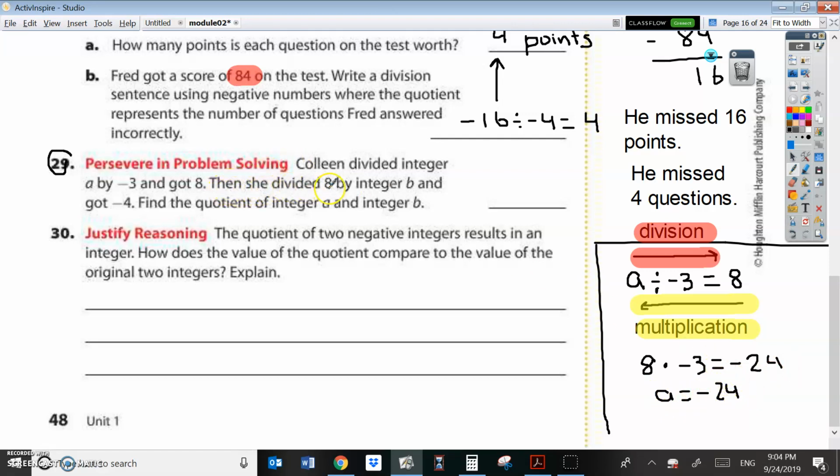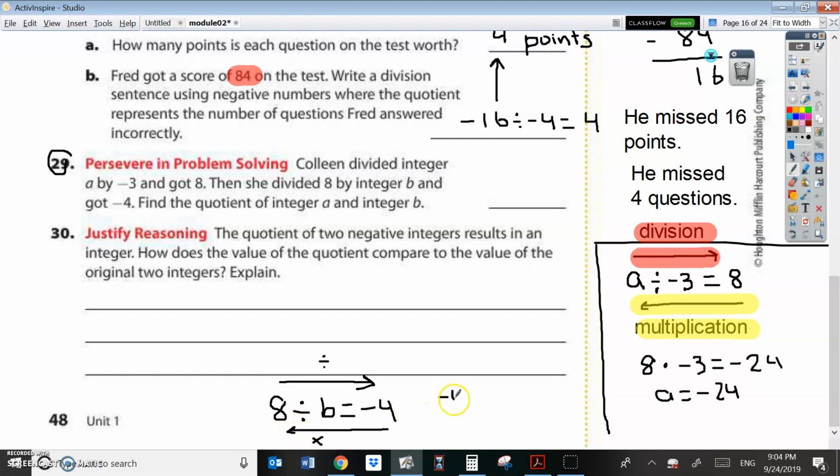Now let's look here. Then she divided 8 by integer b and got -4. So let's work that down here. 8 divided by b gives you -4. So this way you are dividing, this way you must be multiplying.